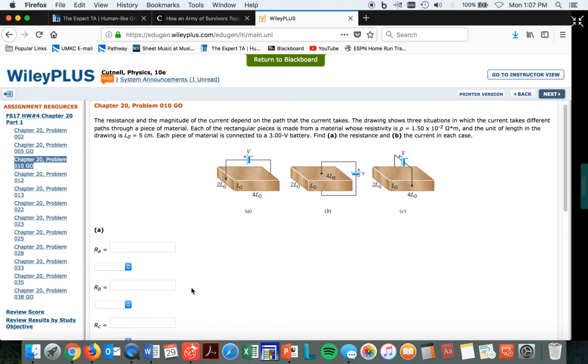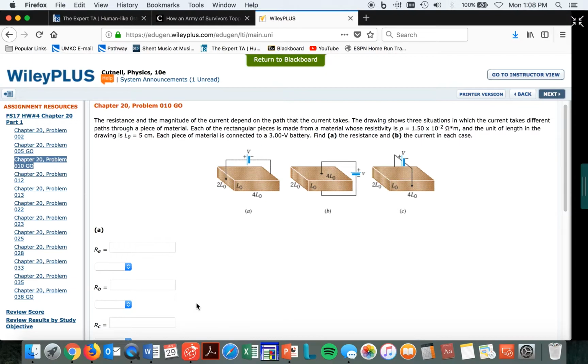I'll just do problem 1. Let me write down the things. Rho is 1.5 times 10 to the negative 2 ohm meters. That's resistivity. L naught is equal to 0.05 meters.